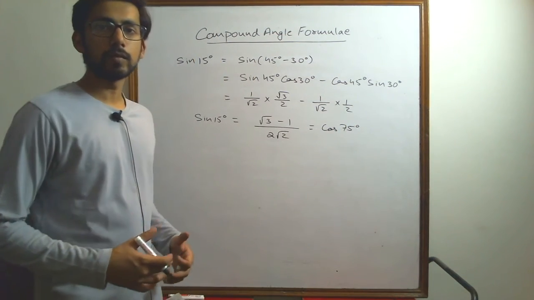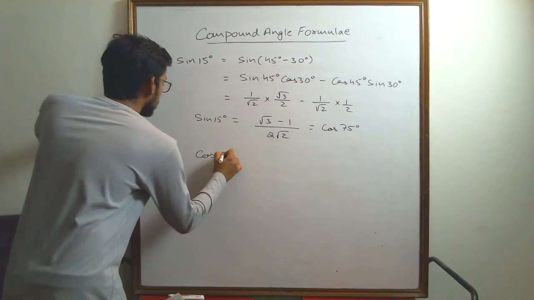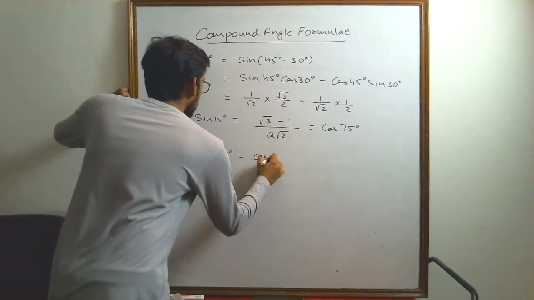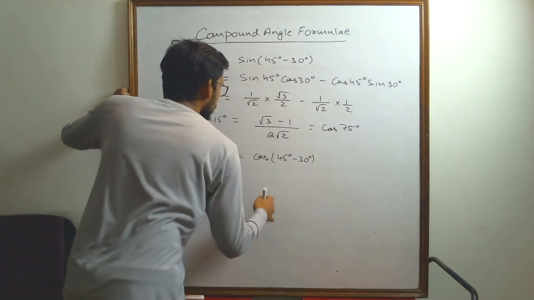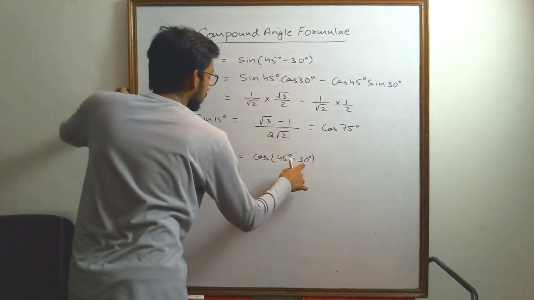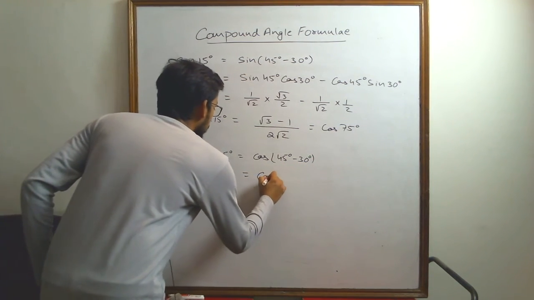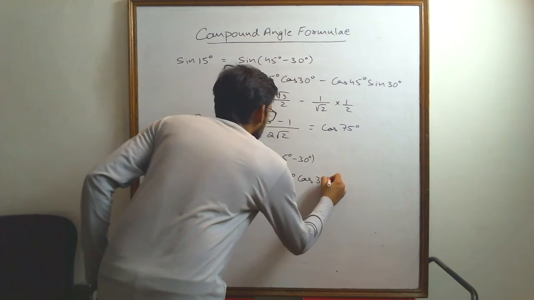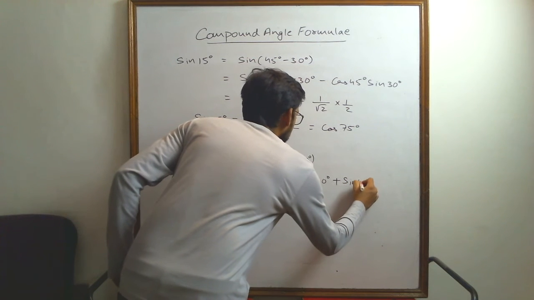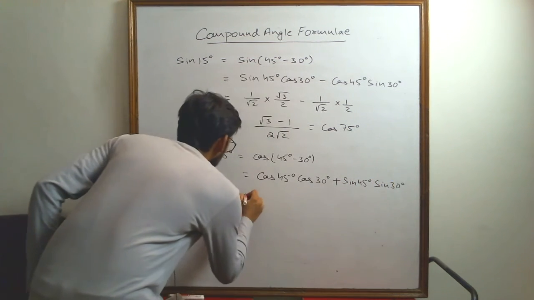Similarly, we can find the value of cos 15 degree. So let's find that. Cos 15 degrees is equal to cos 45 minus 30 degree. Now angle A is 45 degree, angle B is 30 degree. Apply the compound angle formula for cos, that is cos A into cos B plus sine A into sine B. Put the values.